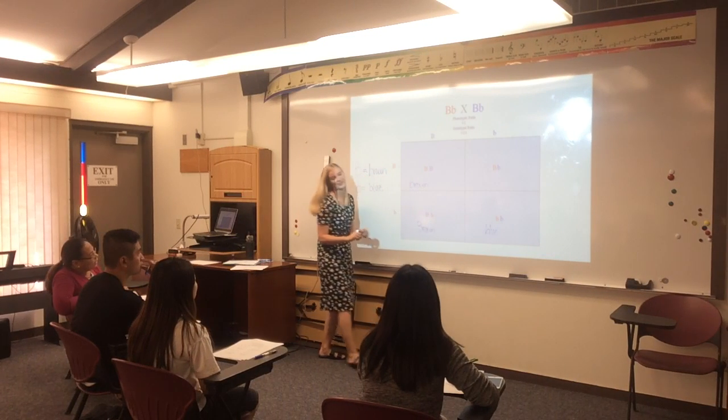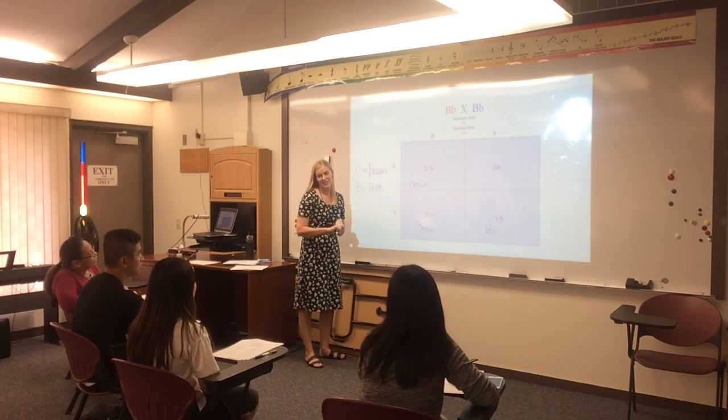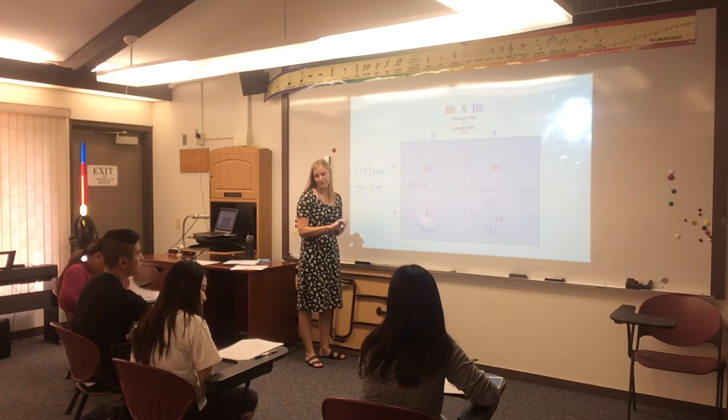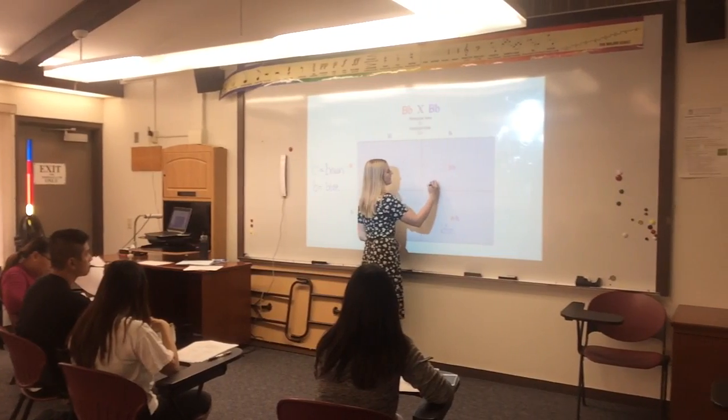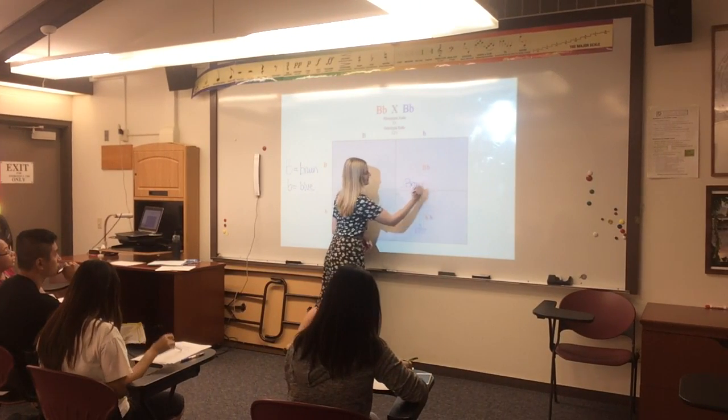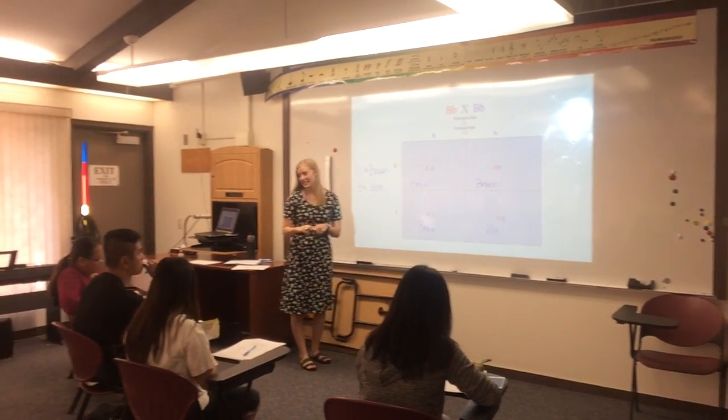Why is it brown, Carl? Because the dominant always shows. Yep, dominant. So this one would be brown as well. Do you have any questions?